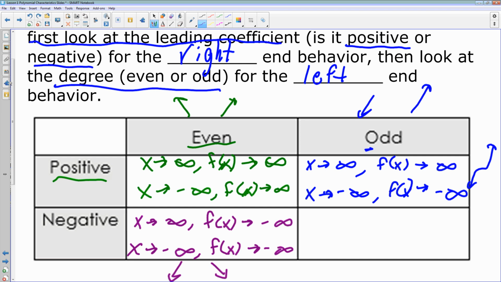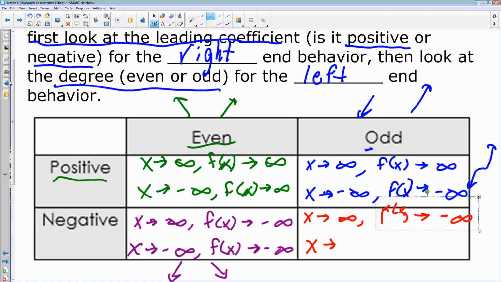All right, and then for the last part, I haven't used red, so I'll use that. If your leading coefficient's negative, we know it's going down on the right. But because your degree is odd, it's going to do the opposite on the left, so it'll be going up on the left. So as x goes to infinity, f of x is going to negative infinity.